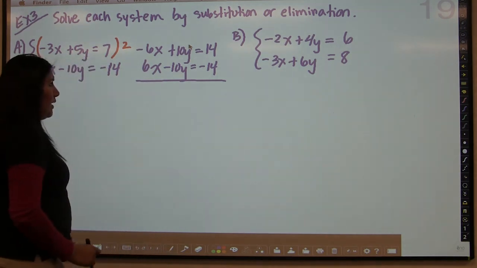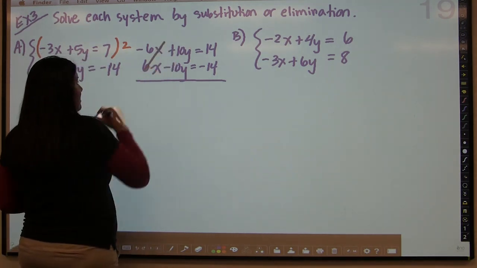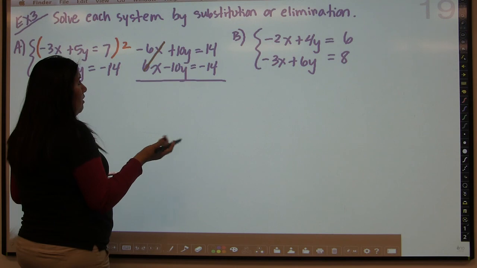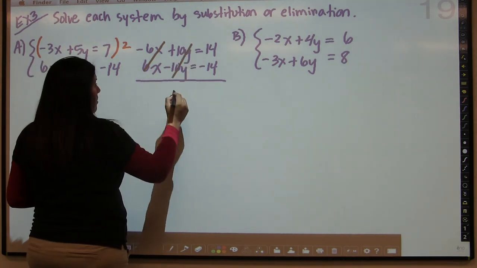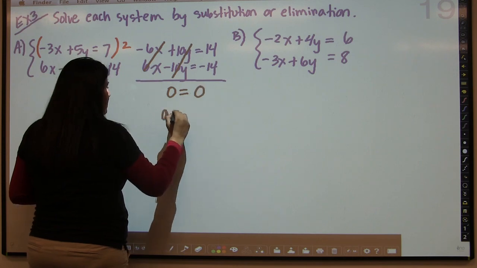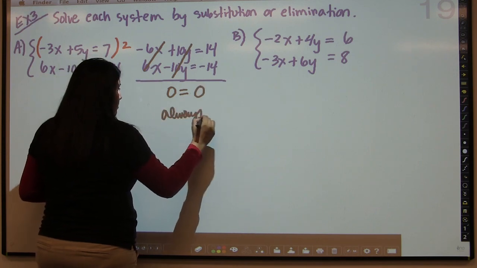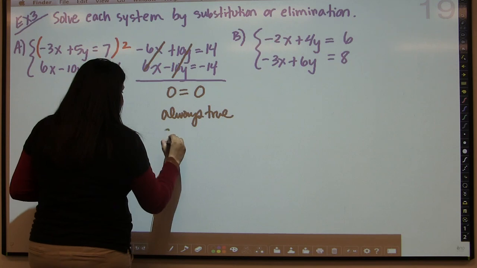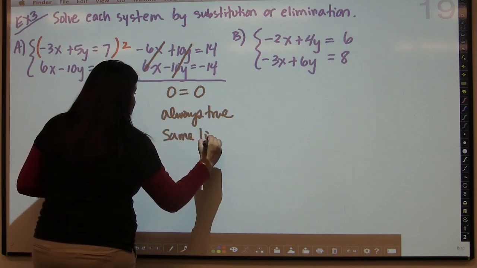When I add these two equations together, not only did I eliminate the x variable, but by default, I also eliminated the y variable. So 0 equals 14 minus 14 is 0. Since this is always true, this is a case of the lines being the same exact line.